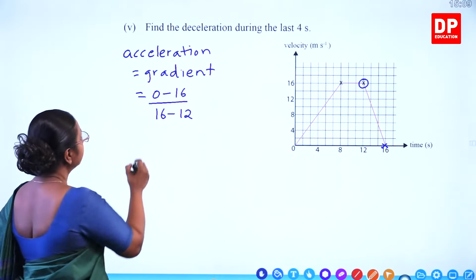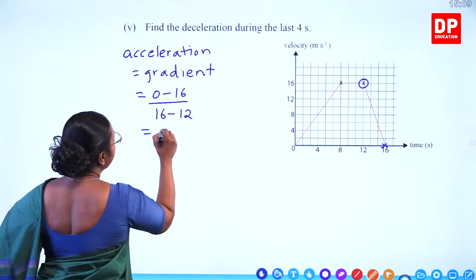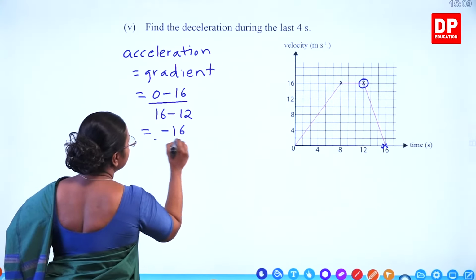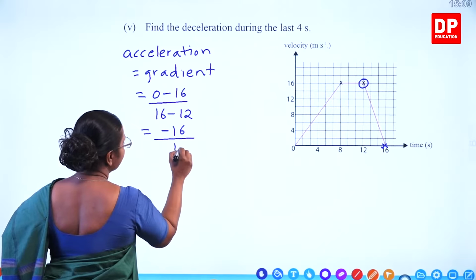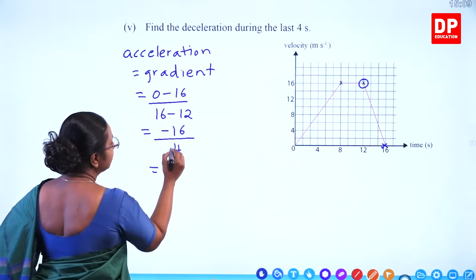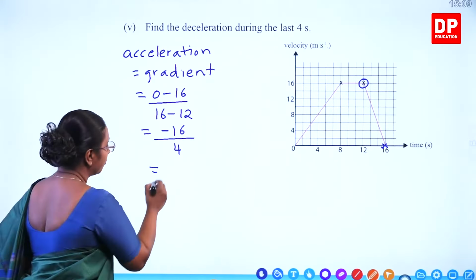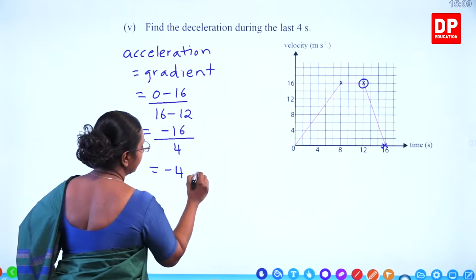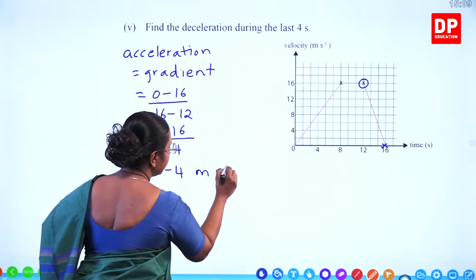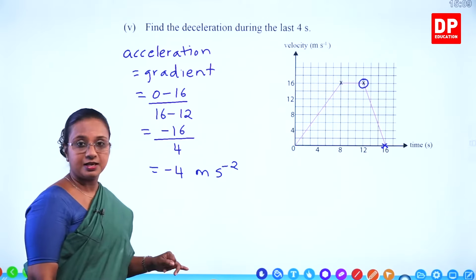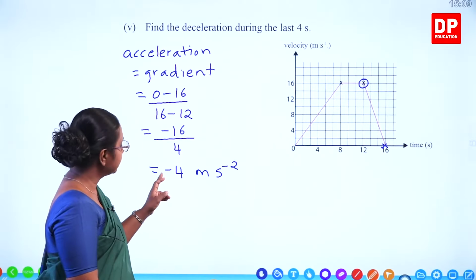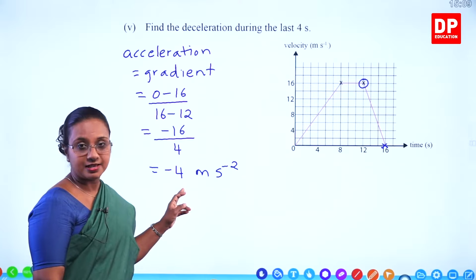So those are the values. Then you will get minus 16 divided by 16 minus 12, 4. So minus 16 divided by 4 will give you minus 4, and the unit is going to be meter per second square. This is a negative acceleration.